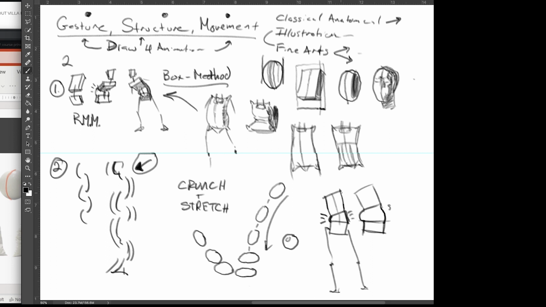And that kind of crunch and stretch also precipitates the offset ellipses, right? So something like this could be drawn with a crunch and a stretch like that, right? So on this side it's crunching and on this side it's stretching.